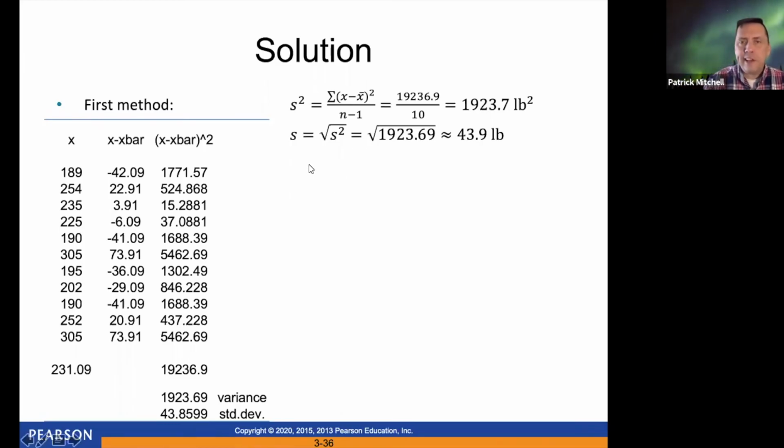And then for the standard deviation, just take the square root of that number, and that rounds to 43.9 pounds. So the standard deviation of this sample of 11 Seattle Seahawks players is 43.9 pounds. Whatever that means, we'll talk about it later.